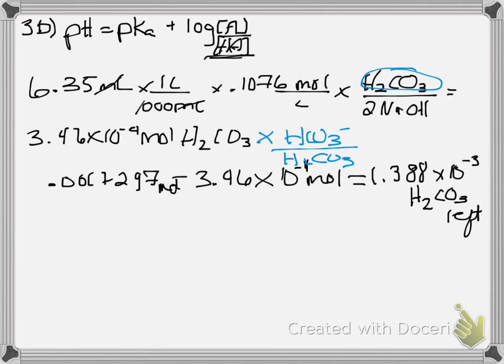So all we have to do now, the final step for this one, is to plug it into our equation. pH equals pKa, so that'd be the negative log of the Ka.